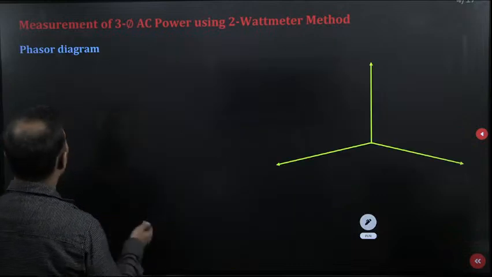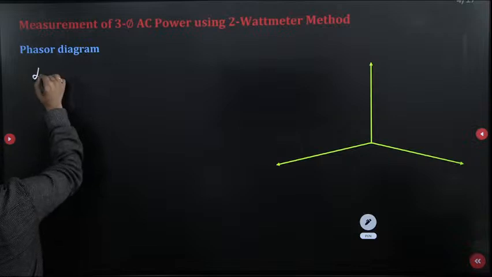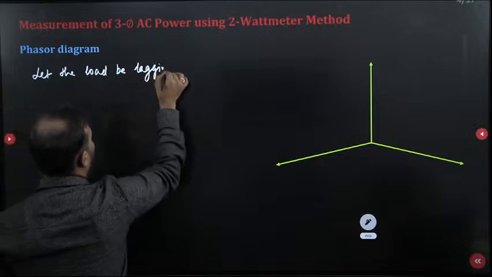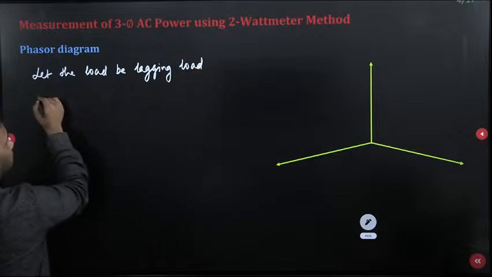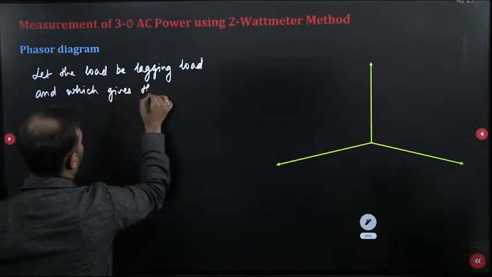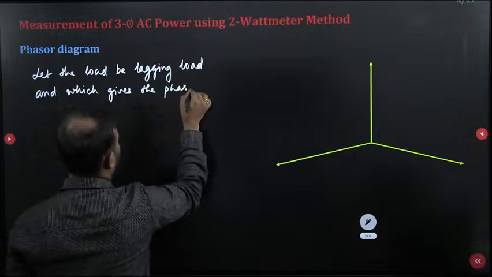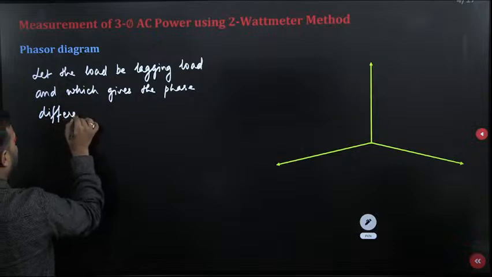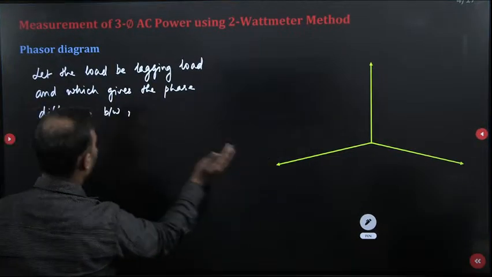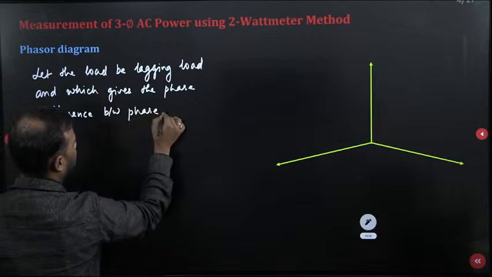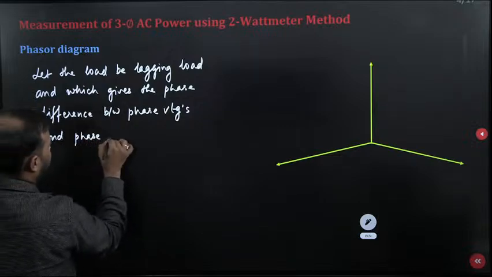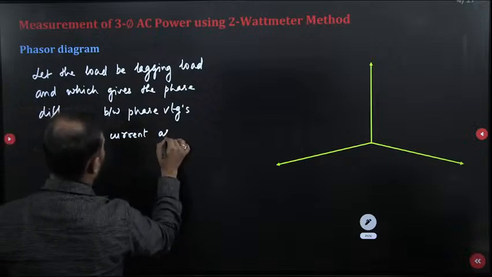Let me write here: let the load be a lagging load, which gives the phase difference between phase voltage and phase current as phi.